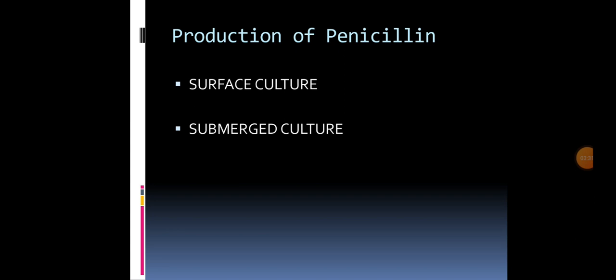Whereas in submerged culture method, the fungus is grown in the liquid medium which is vigorously aerated and agitated. After an appropriate incubation period, the penicillin is separated from the medium. Today, penicillin is produced by submerged culture method.